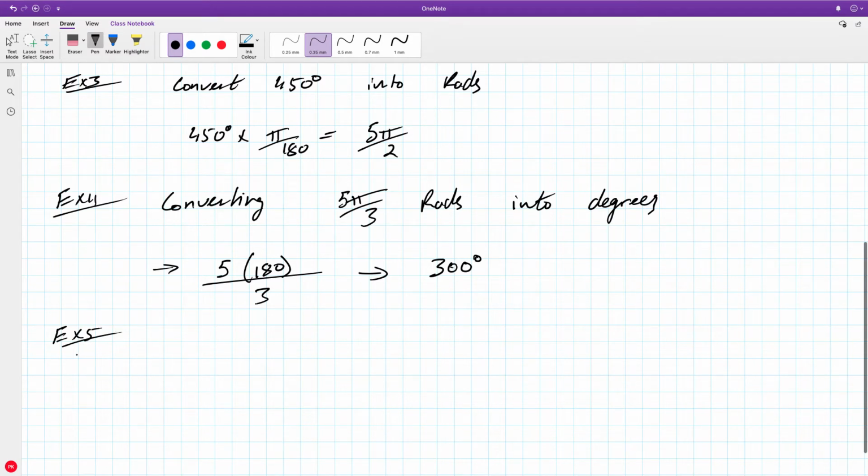Off you go and convert 11 pi over 6 into degrees for me, please.